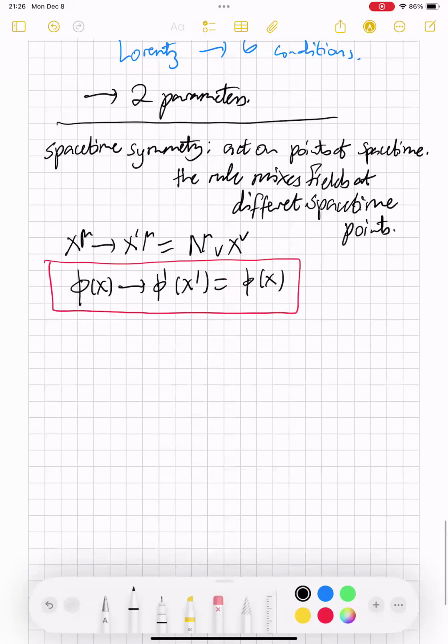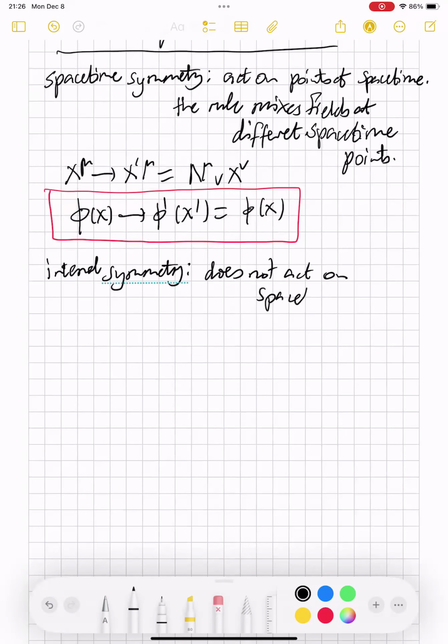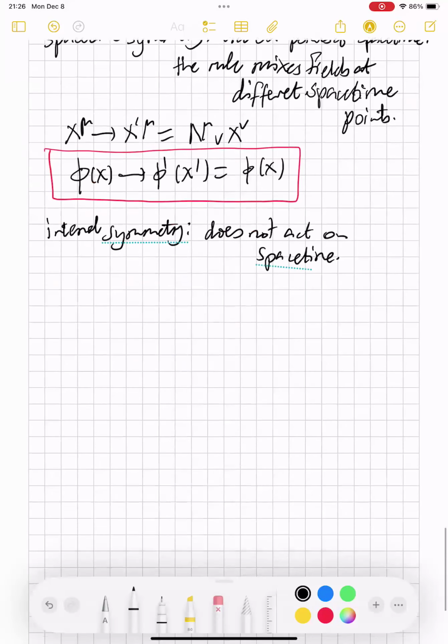If, however, you look at an internal symmetry, an internal symmetry does not act on space-time. Let me give you an example of that. We might consider a U(1) phase rotation.